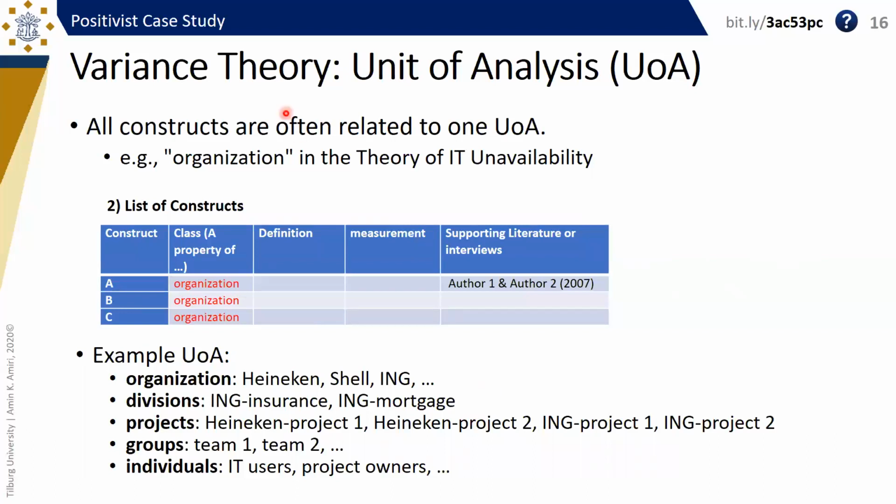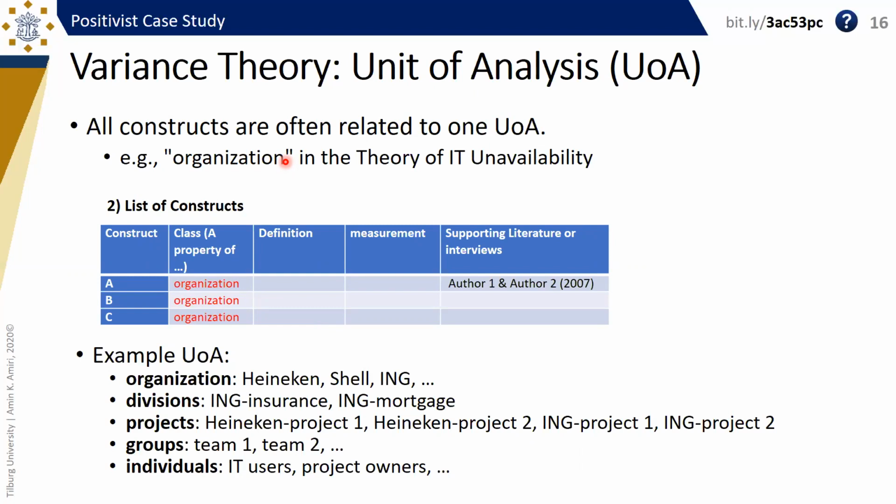A variance theory usually requires a unit of analysis, which you see here in the class part. All constructs are often related to one unit of analysis. That means a construct is usually a property of a thing in this world. For example, IT management effectiveness is a construct which is a property of IT management.